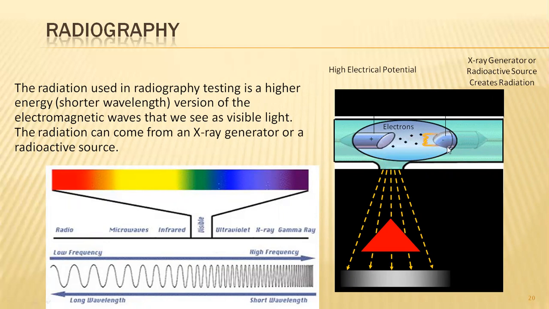Here you can clearly see the X-ray generator generating X-rays, with electrons existing and a high electrical potential created, and due to that the beams are passed on the material, and the cracks identified will be seen as pictorial representations on the LCD or LED screen.